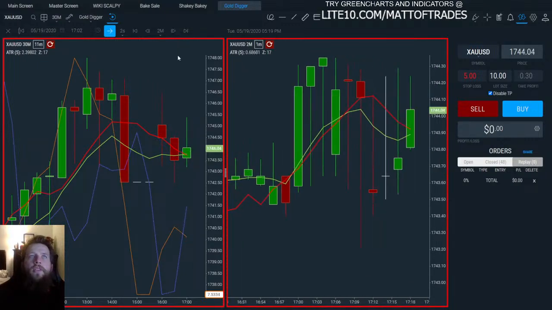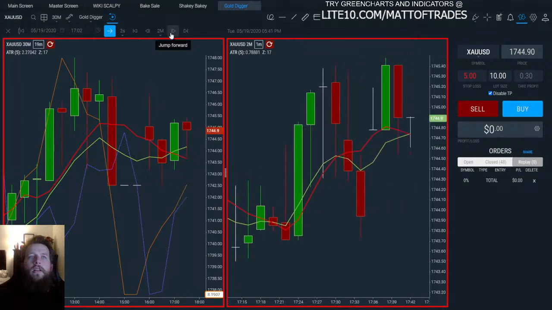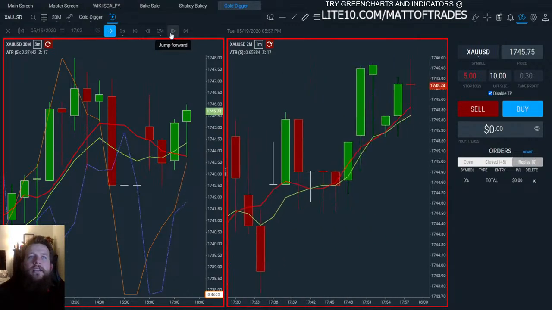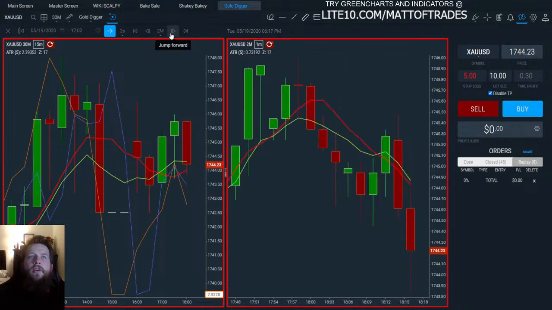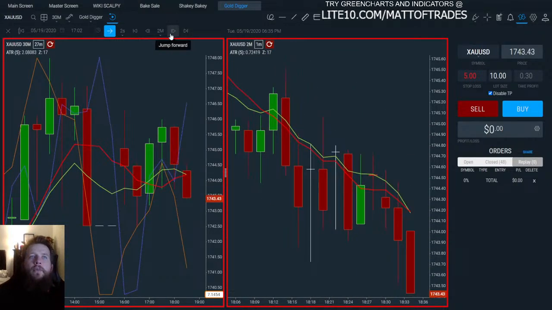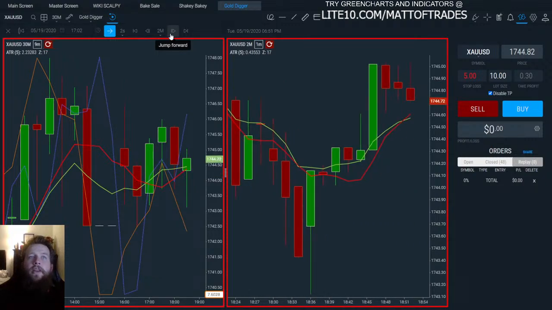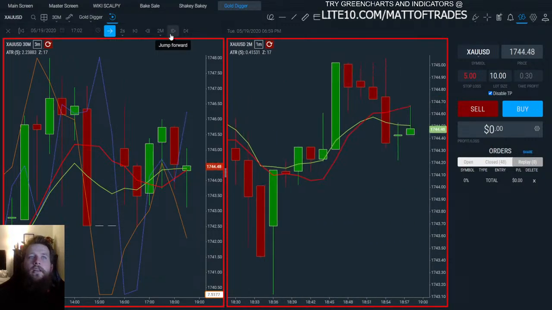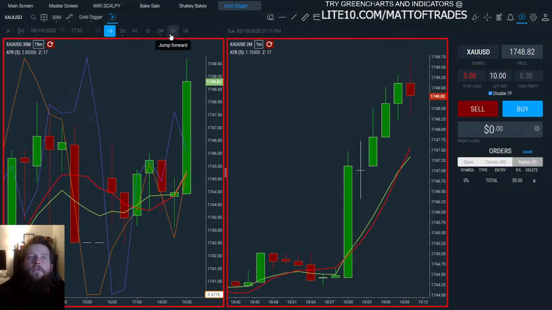Alright, our blue is going the wrong way, so not quite looking at doing anything yet. Okay, now our orange isn't pointing the right way, but if we can get that pointing up, we'll take a buy. Or we'll take a sell if red gets on top here. But our orange, oh.